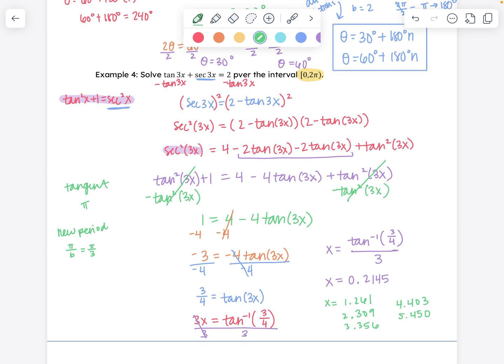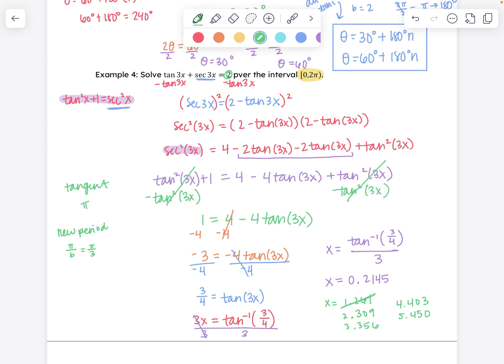So I can put 1 over cosine of 3 times 1.261 in my calculator. And if I plug that one in, I end up with a negative value, and that is not 2, obviously. So that one's going to be an extraneous solution. So that's not going to work.